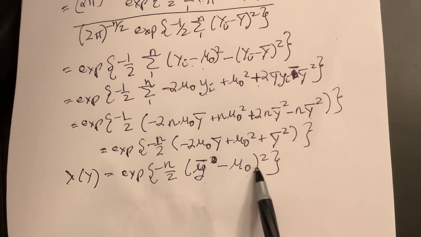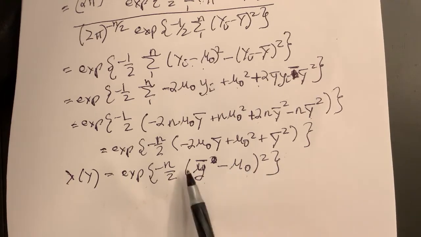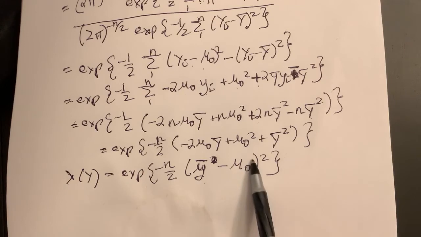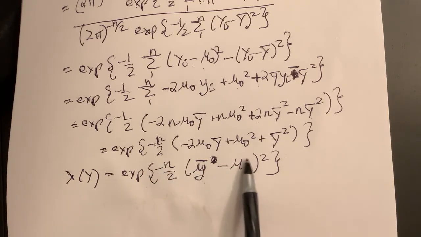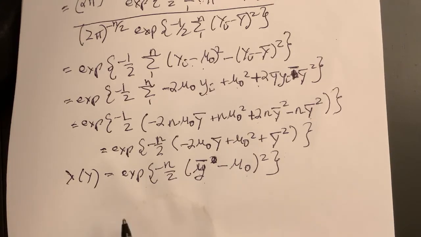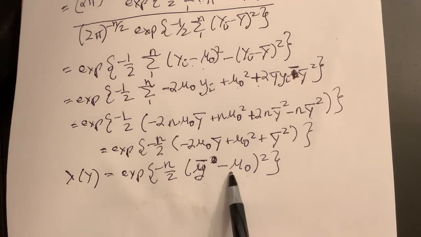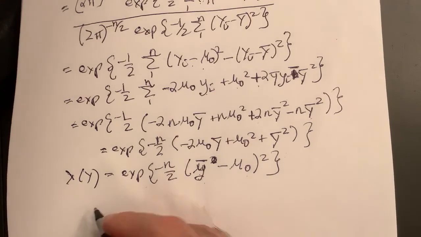So as this gets bigger, it makes the exponent more negative, and it makes the whole thing get smaller. So the further y bar is from mu 0, the smaller the ratio is, and the more likely I am to reject that mu equals mu 0. So this looks good.